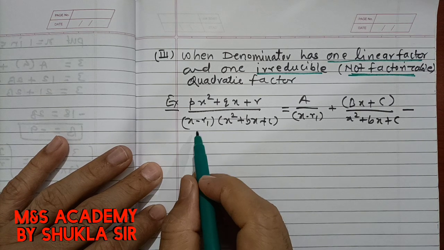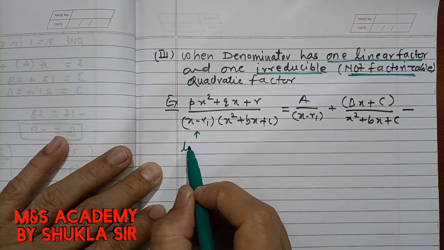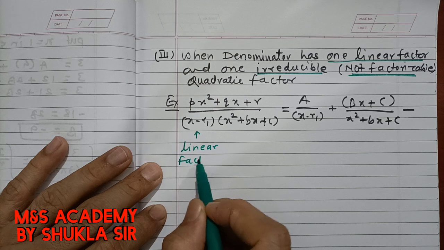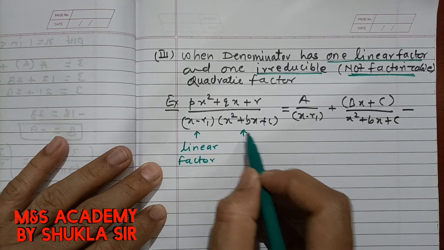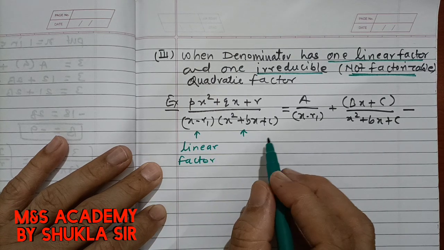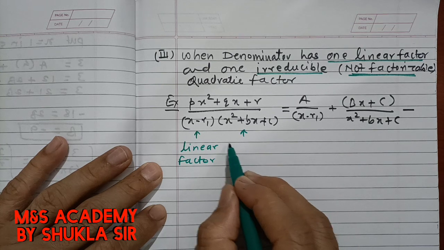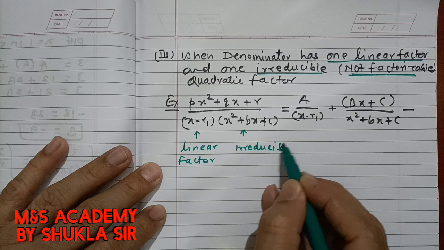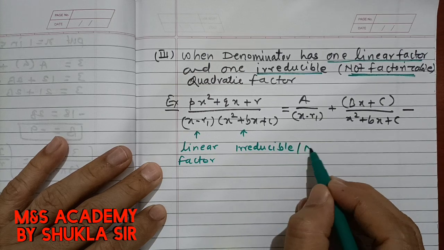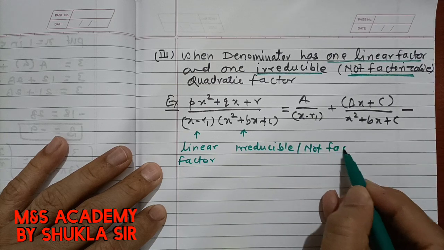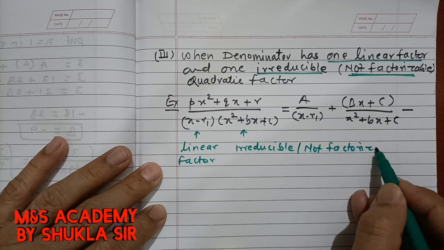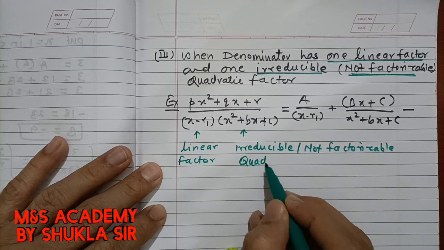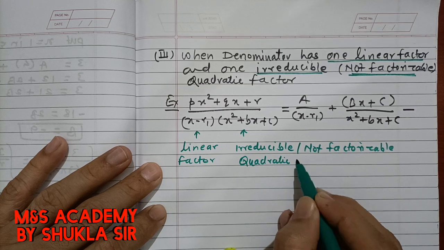So in this case, this is my linear factor, and this one is my irreducible quadratic factor, that is, a non-factorizable quadratic factor.